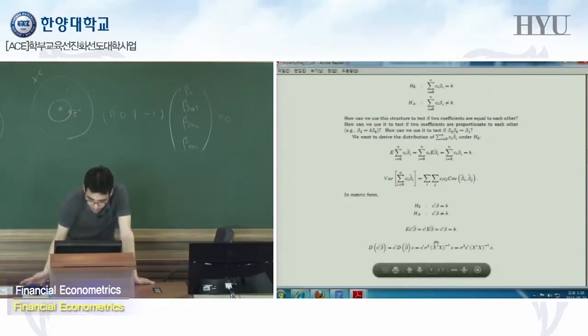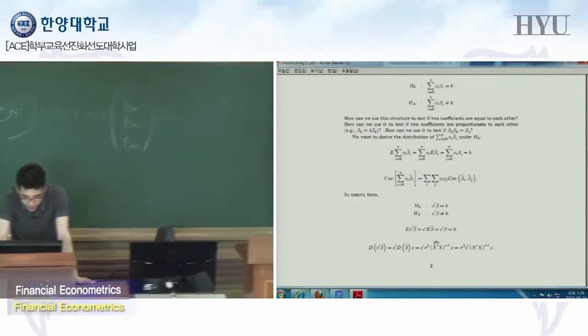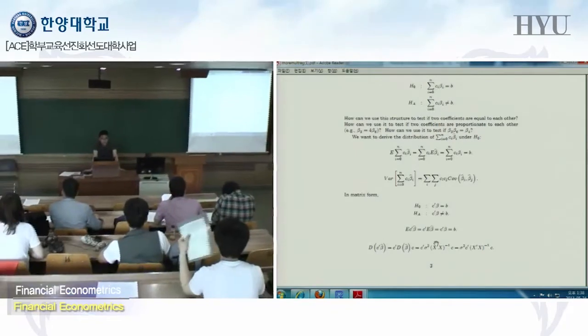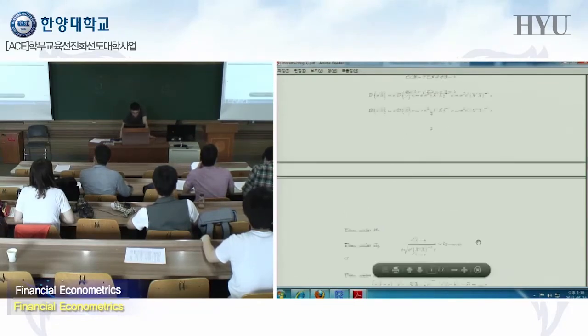And the alternative hypothesis is not 0. So the expectation of C prime beta hat should be equal to B if our null hypothesis is right. And then the variance covariance matrix of C prime beta hat is C prime times the variance covariance matrix of beta hat times C. We know the variance covariance matrix of beta hat is sigma squared (X prime X) inverse, so it is C prime sigma squared (X prime X) inverse C.